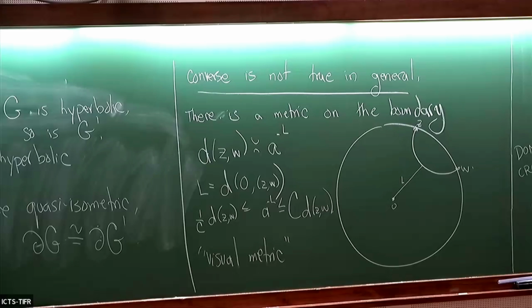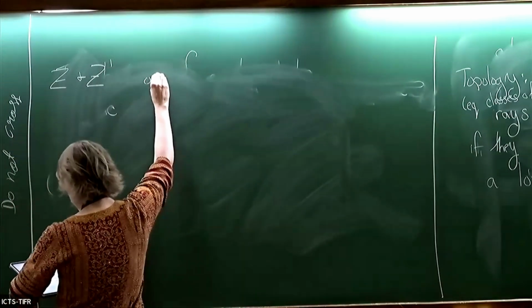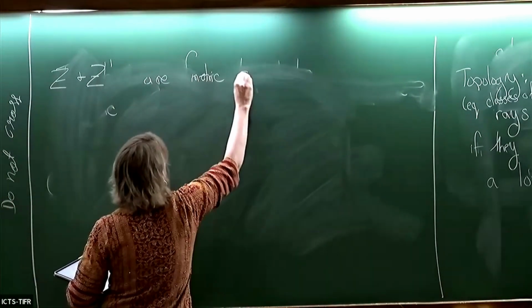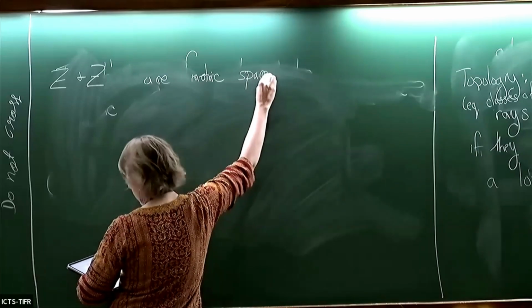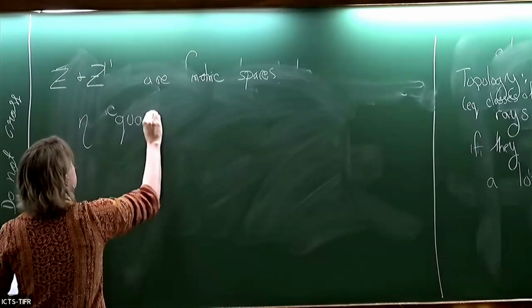Okay, so if I have Z and Z prime that are metric spaces, that makes those boundaries into metric spaces. We have an eta quasi-symmetry.